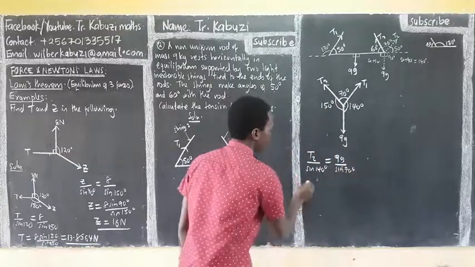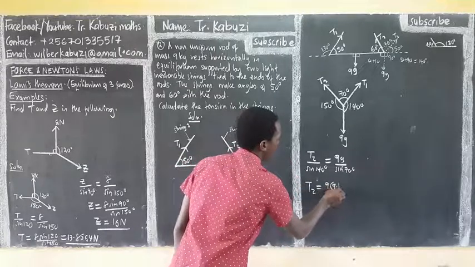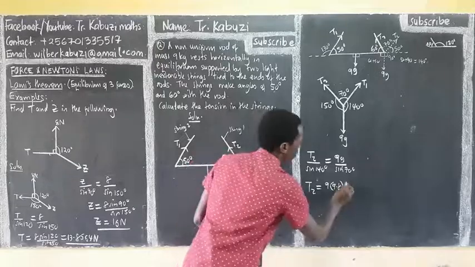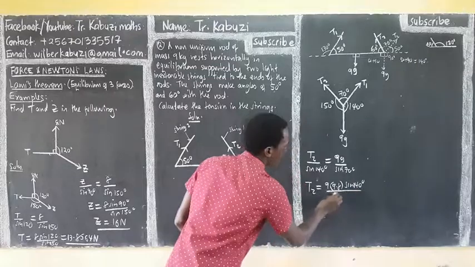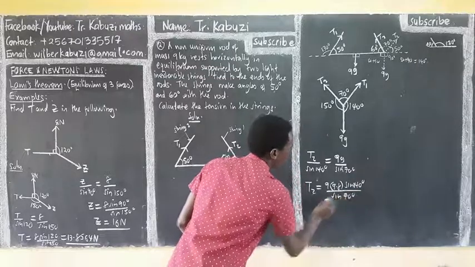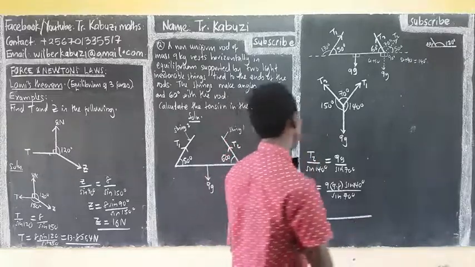There you can get our T2 as 9 into 9.8, then cross multiply sine 140 degrees, the whole over sine 70 degrees, and you can get our T2 to four decimal places in newtons.